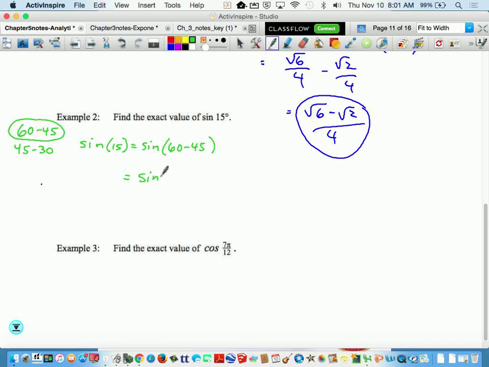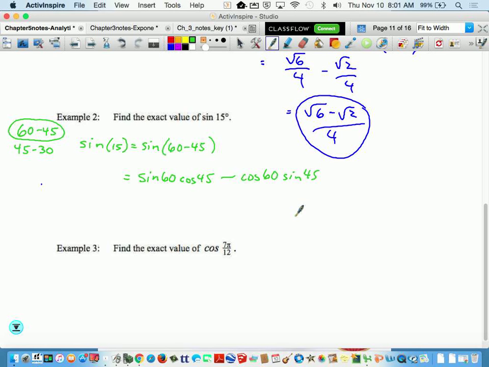So I'll go sine of 60 cosine of 45. Because I'm subtracting in my formula, I'll be subtracting here, the signs match. And then you switch the order and you go cosine of 60, sine of 45. So all you have to do is follow the pattern that's right on the formula sheet.